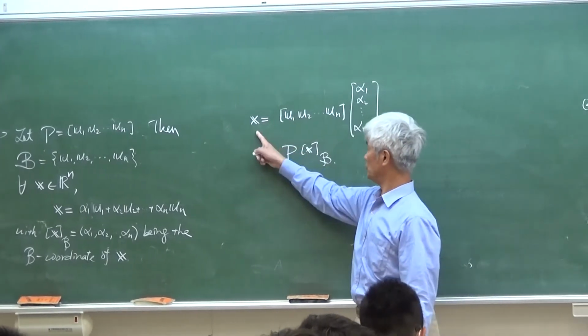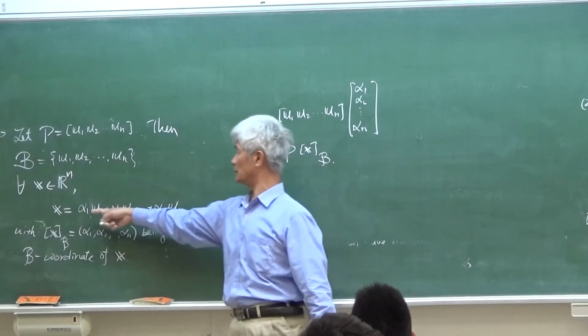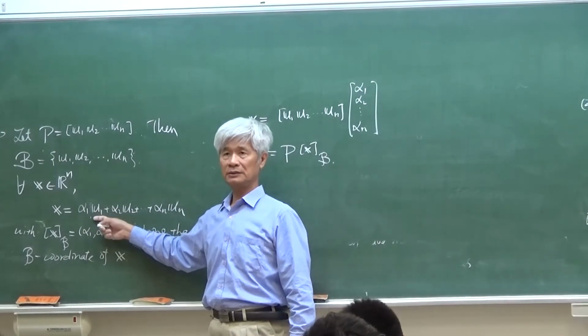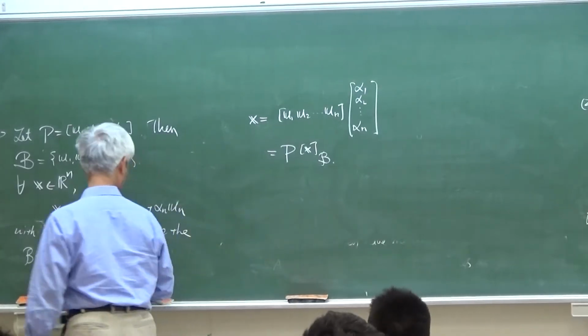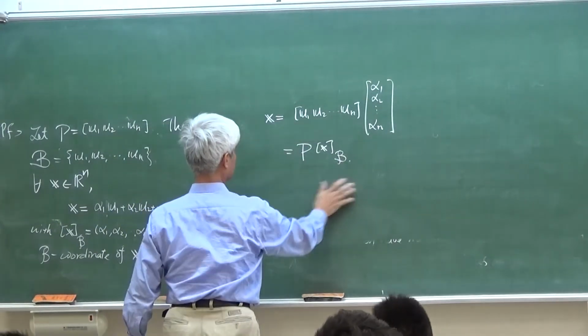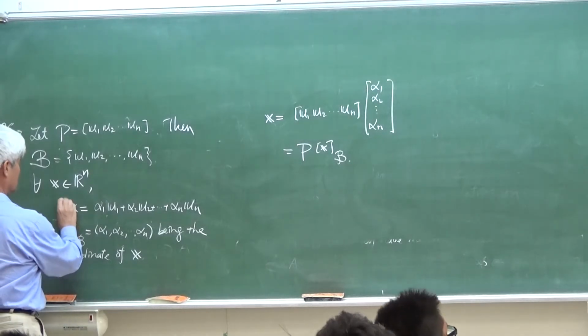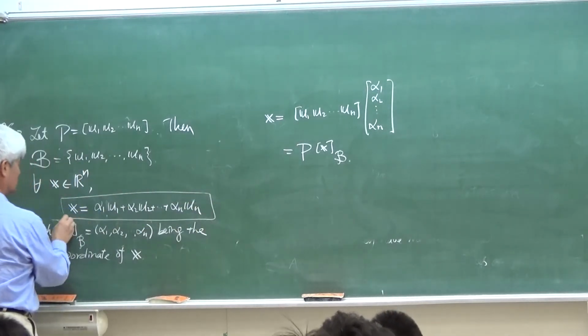So when we write it down, this is the same as writing down a unique linear combination. Every time we write this equation, it's the same as writing this representation.